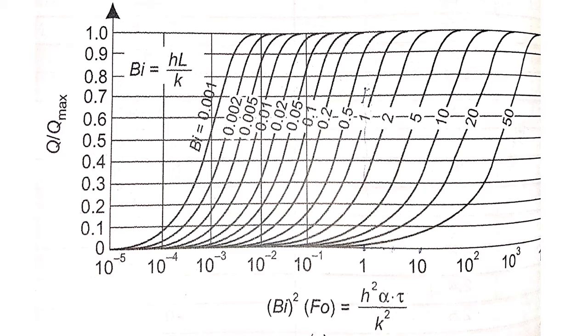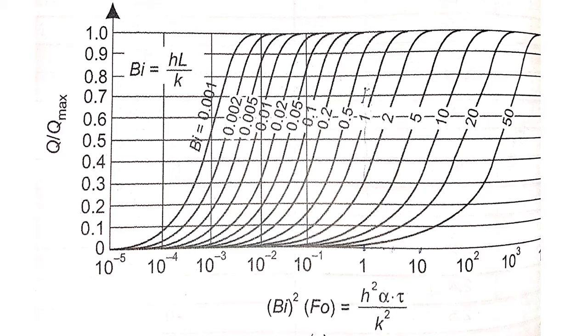These are the graphs which indicate the Biot number: 0.002, 0.005, 0.001, 0.002. The x-axis indicates Biot number squared into Fourier number, which we have already calculated separately as 1.457.